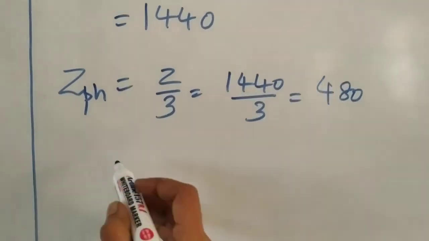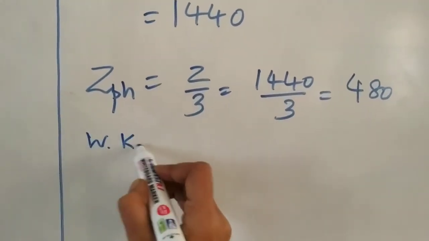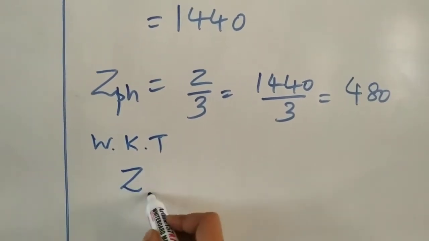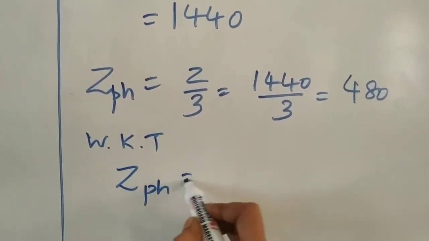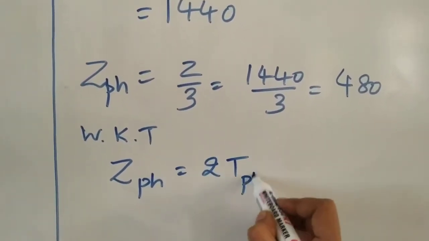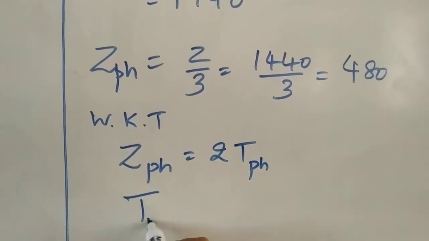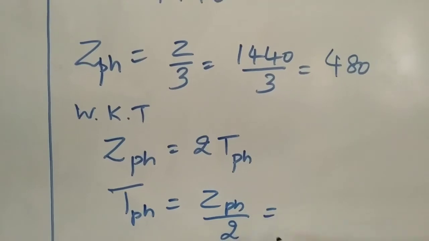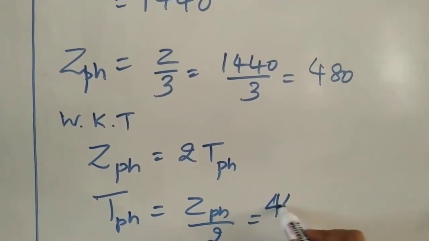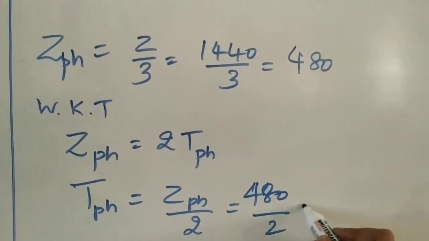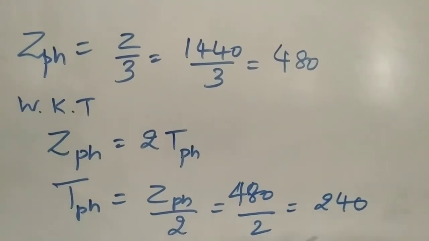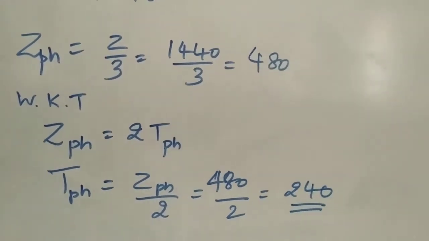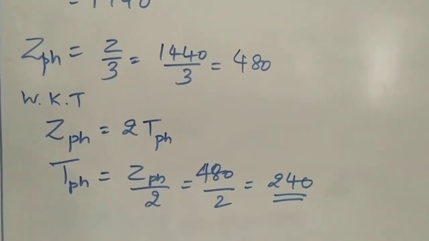Now as we all know that Z is equal to 2 times T phase. So therefore T phase is equal to Z phase divided by 2. So 480 divided by 2 is 240. So this will be the turns per phase which we have to substitute in the EMF equation.